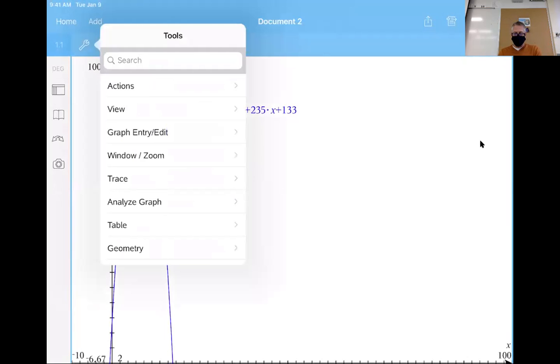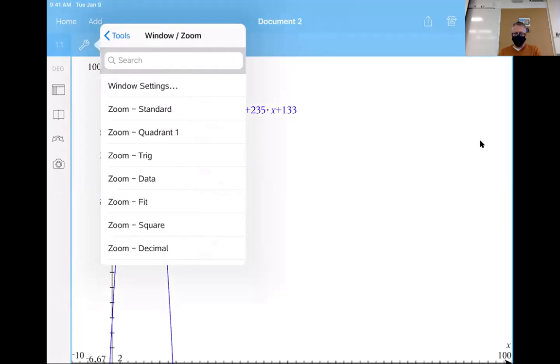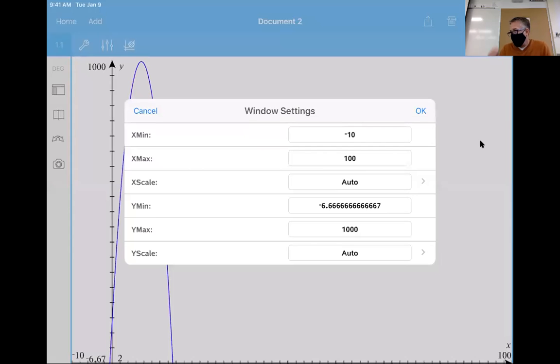Okay, and let's go to Window and Windows Settings. So your X min is -10. What's your Y min? Okay, what's your Y max? 100. Okay, can you still see the top of the parabola? Okay. All right, sounds good.